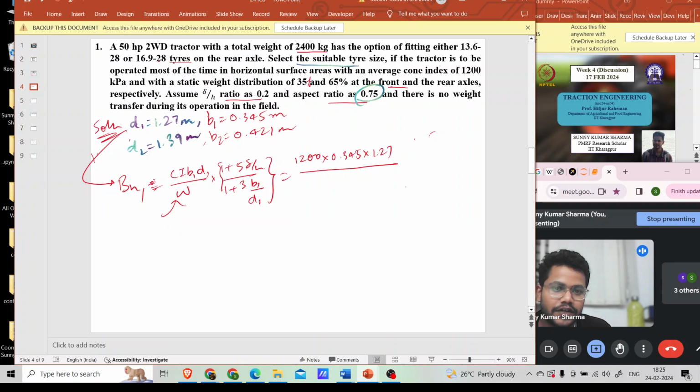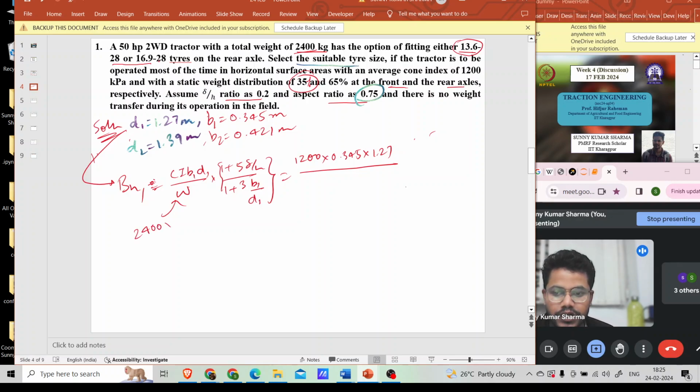Can you tell what is front wheel and what is rear? What is the front wheel in these two tires? It is 13.6. The 13.6 is the front wheel. So weight coming on the front axle is 35% of 2400 kg. That is the weight coming on the whole front axle.